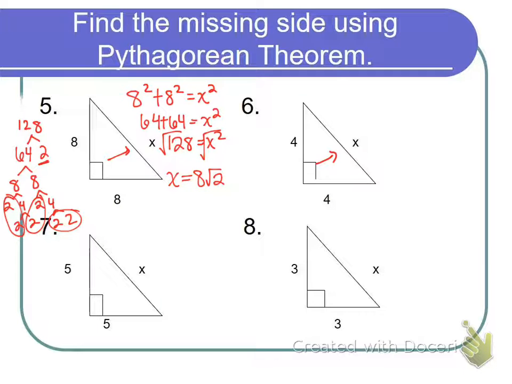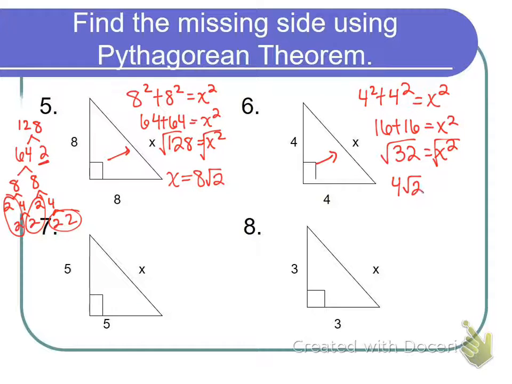Okay, on number 6, we're also looking for C. So 4 squared plus 4 squared equals x squared. 4 squared is 16 plus 16. Anybody get that one simplified? Good, this one would be 4 radical 2.